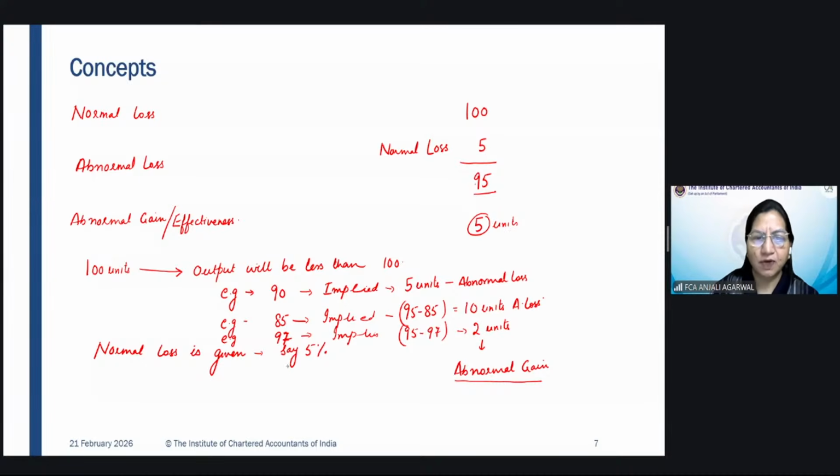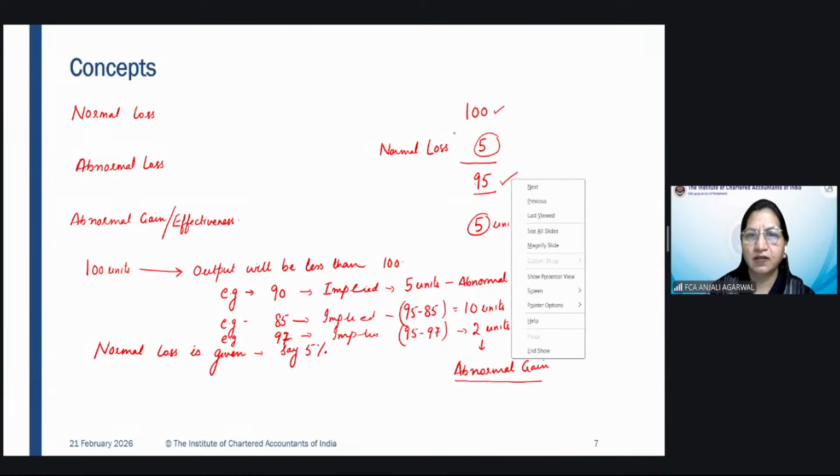When we say abnormal gain, it doesn't mean that some units have come up from anywhere. It means maybe we had expected the workers to process 100 units, and in a normal case they would have lost 5 units, so we would have generally got 95 units. But here, maybe the workers were very efficient and careful, because of which we got not 95 but 97 units.